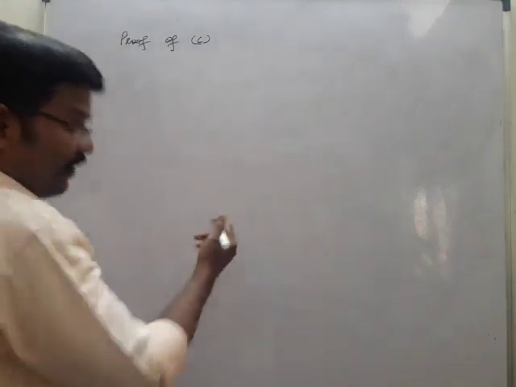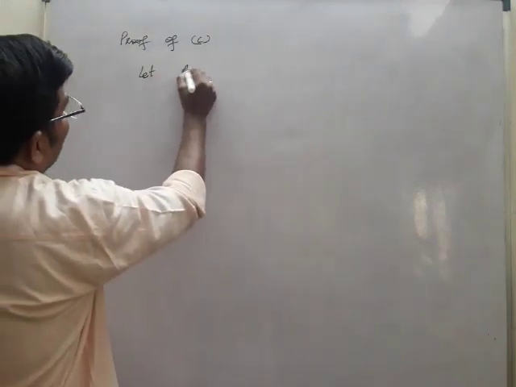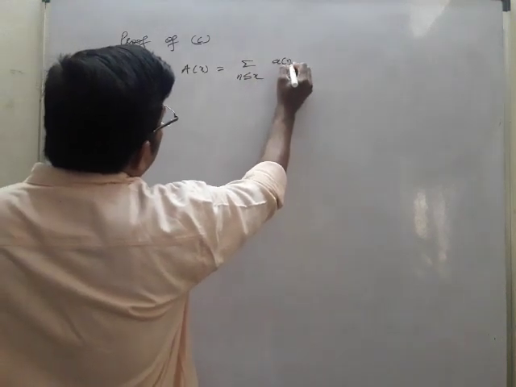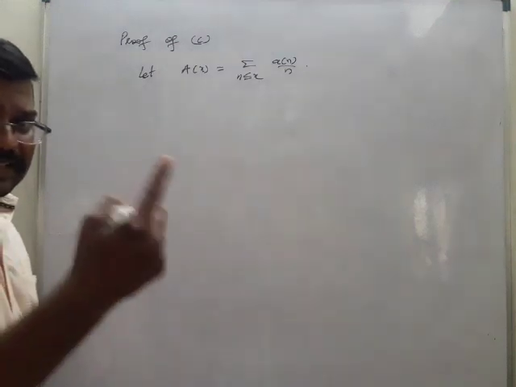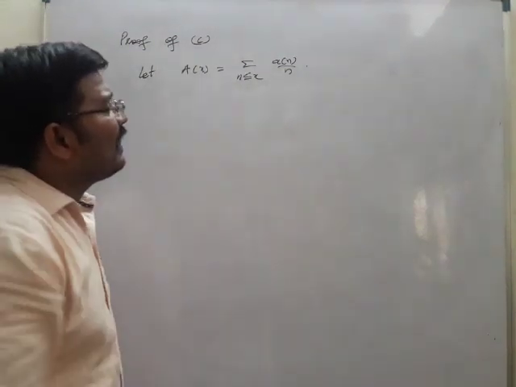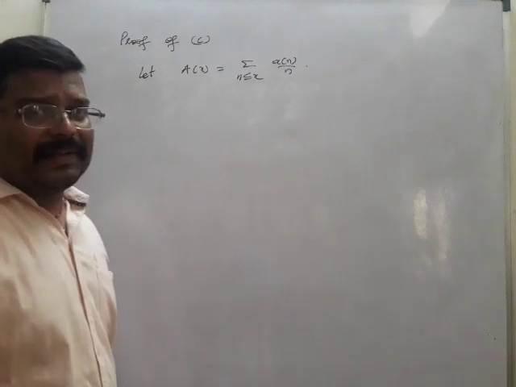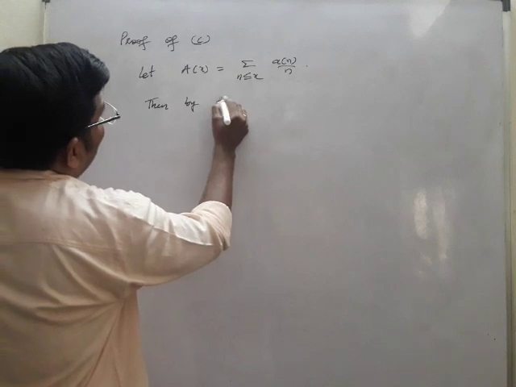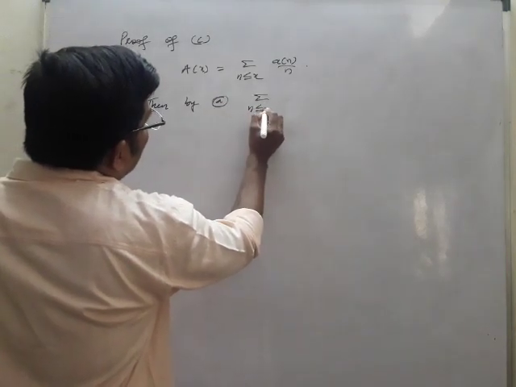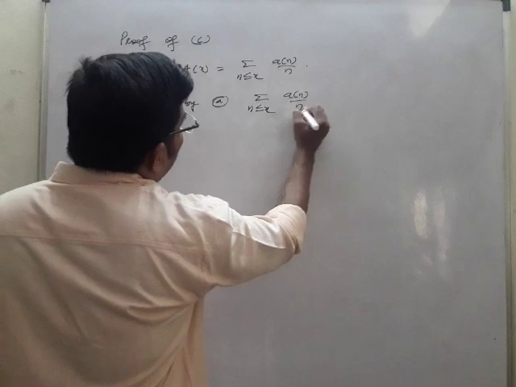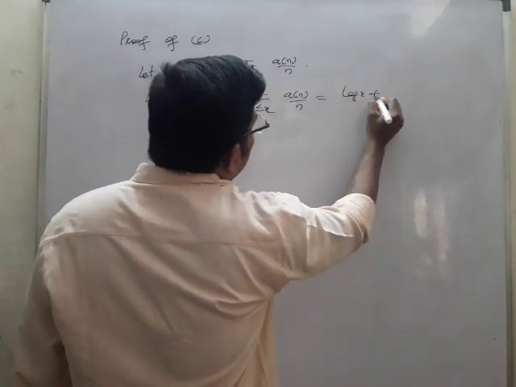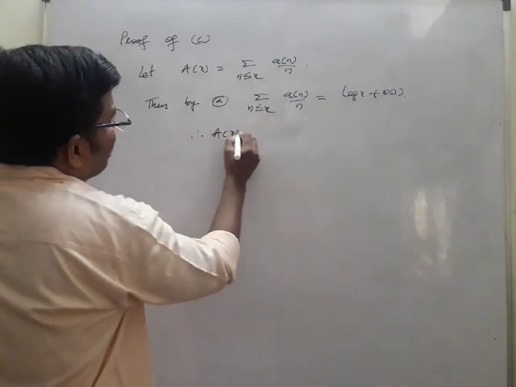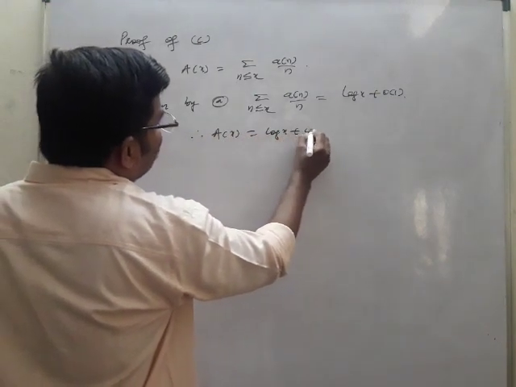So for c, we'll take a of x equal to summation n less than or equal to x, a of n by n. The previous a is there, and from that we can choose the left part as a of x. So by a, summation n less than or equal to x, a of n by n is equal to log x plus big O of 1. Therefore a of x is equal to log x plus big O of 1.